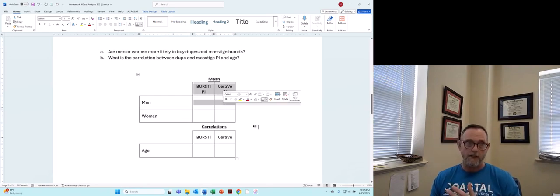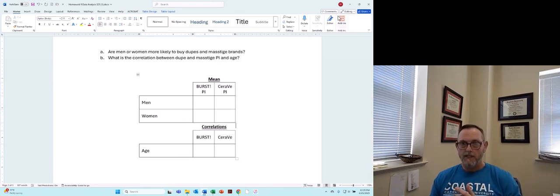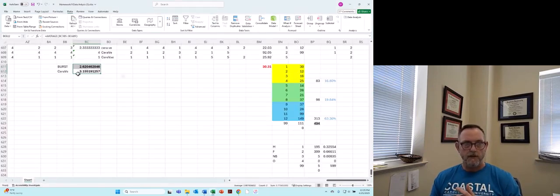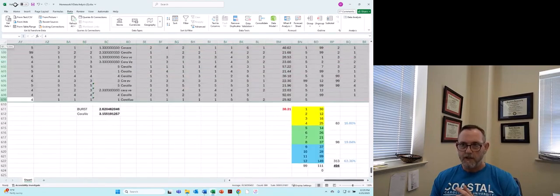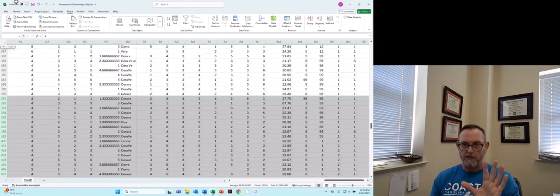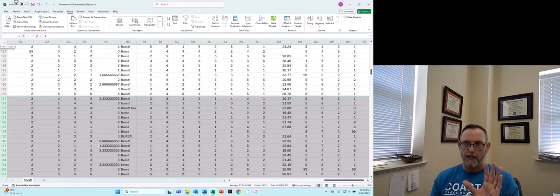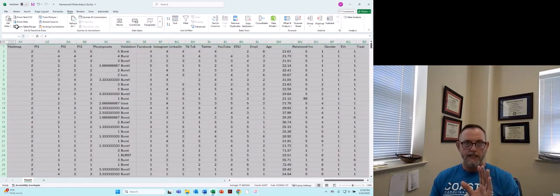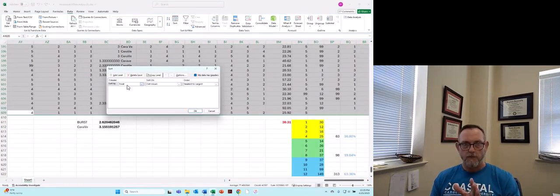So this is going to be a little bit of a tricky thing because there are going to be 4 boxes, so there are going to be 4 means that we look at. We're going to take the data and sort it. We've sorted it by treatment already, and now we're going to sort it by gender. So there are going to be 2 sorts, and a total of 4 things we're going to look for.